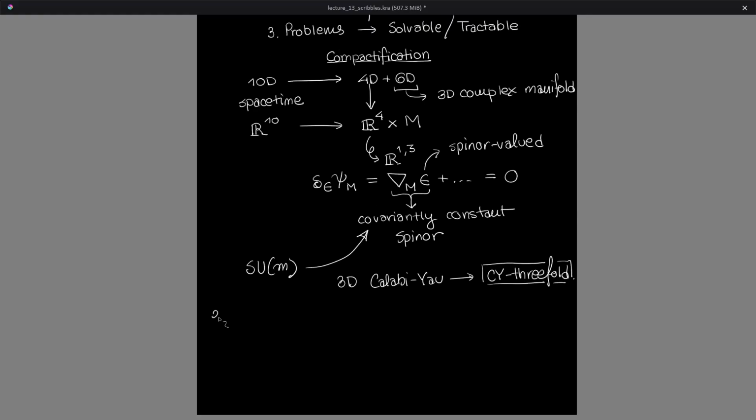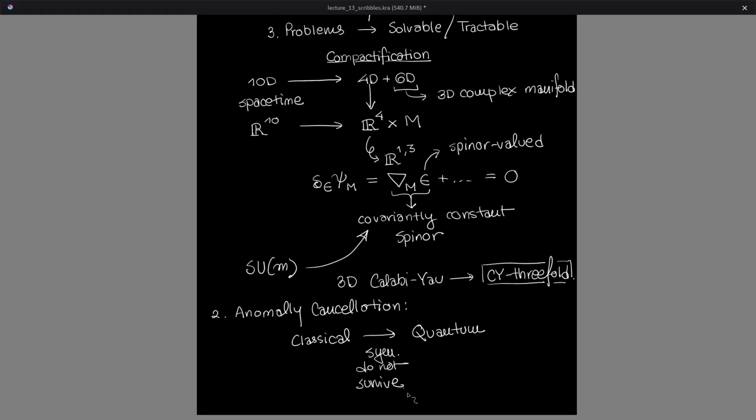So there's another thing called anomaly cancellation. What is this? Well, we have classical physics and quantum physics. In the transition between classical and quantum physics, some symmetries do not survive. A symmetry that's in classical mechanics might not survive in quantum mechanics.